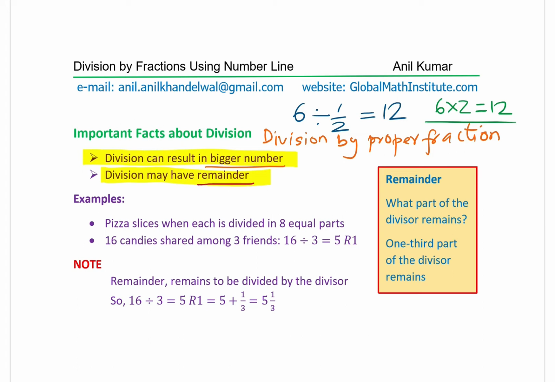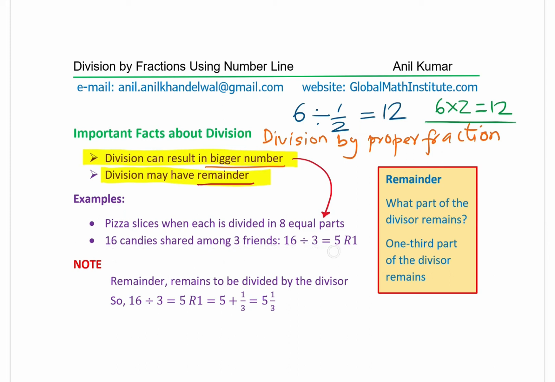Now, related to the two things, here is an example. Pizza slices, when each is divided in 8 equal parts, so we get 8 times the number of pizza. The slices are 8 times. So that relates to the first example, which is division, since we are talking about dividing but resulting into more pieces. And the second one here is 16 candies shared among 3 friends.